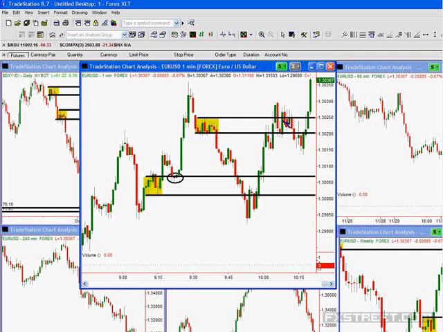Why is that? What's the answer? It's very important that you understand this concept. Why did this demand level work so well? Why is this supply level, which actually looks better, how come this one failed miserably? Why would I never take this supply level as an entry, but always take this demand level as an entry?